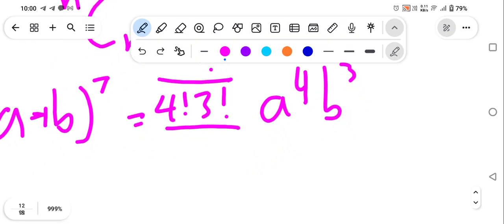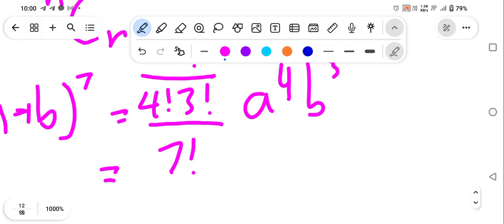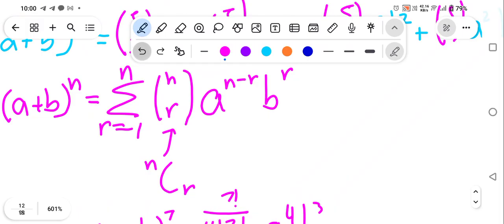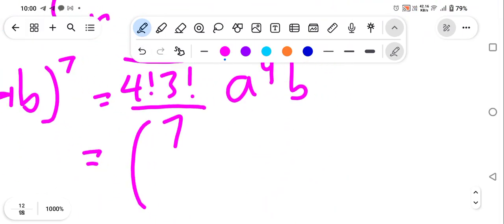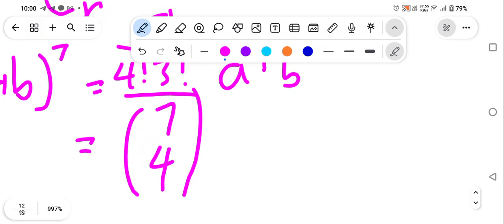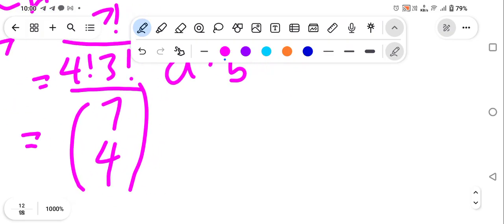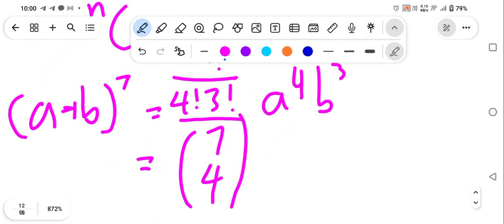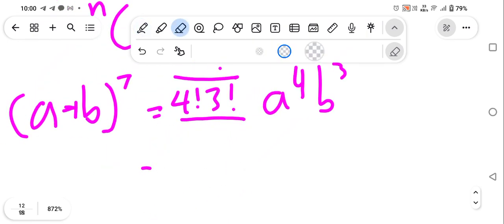So what is this? We have 7 items. If we write this in terms of the combination, we have 7, and this is the number of a's. So the answer is 7 factorial over 4 factorial times 3 factorial. I'm going to calculate for you.